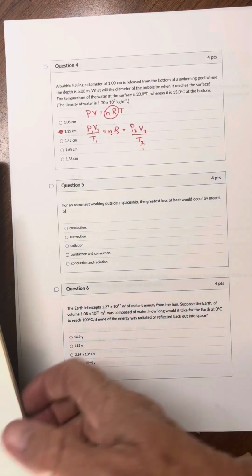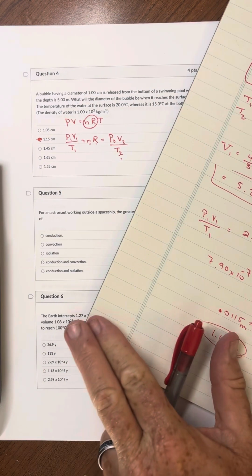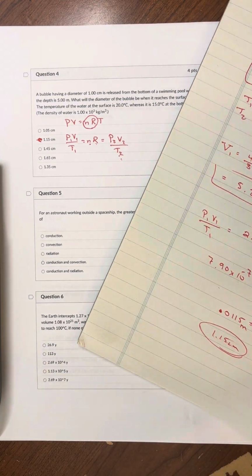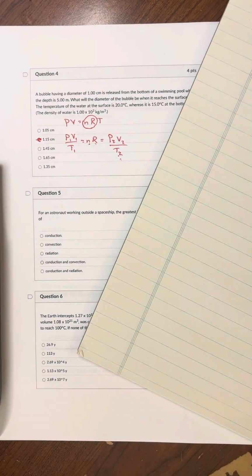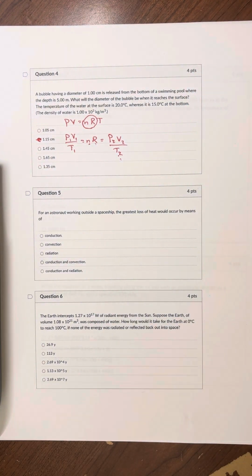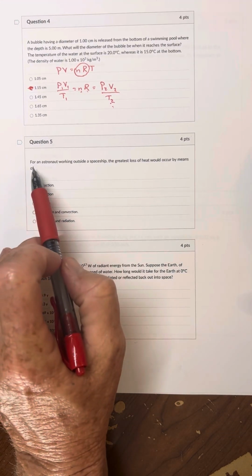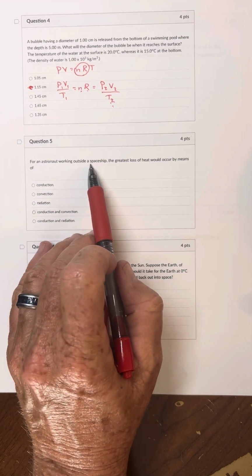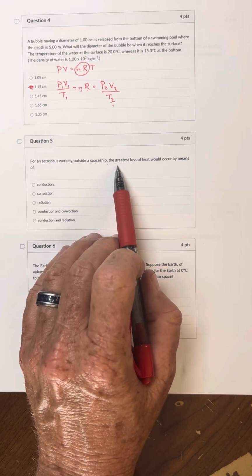All right. Some good calculations here. And let me get ready here for another calculation. Well, it looks like the next one isn't a calculation. It says here, for an astronaut working outside in the space shuttle, so they're in the vacuum of space. That's going to be an important part here.